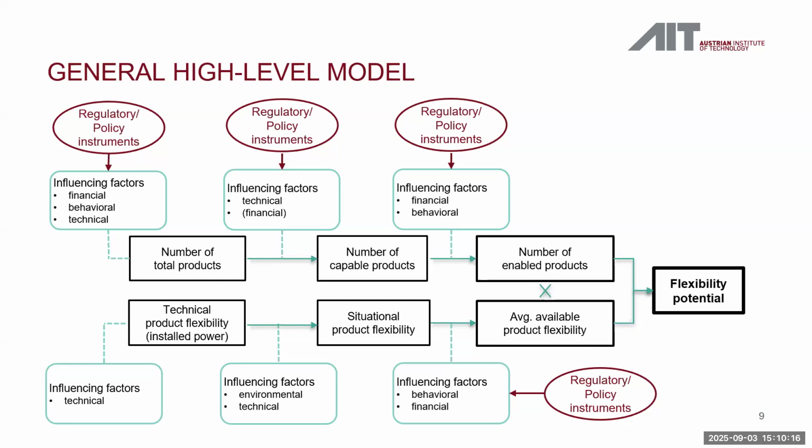These steps or parameters are influenced by different influencing factors, which could be financial, behavioral, or technical. And these influencing factors can be impacted by different regulatory policy measures and instruments, which we also investigated.